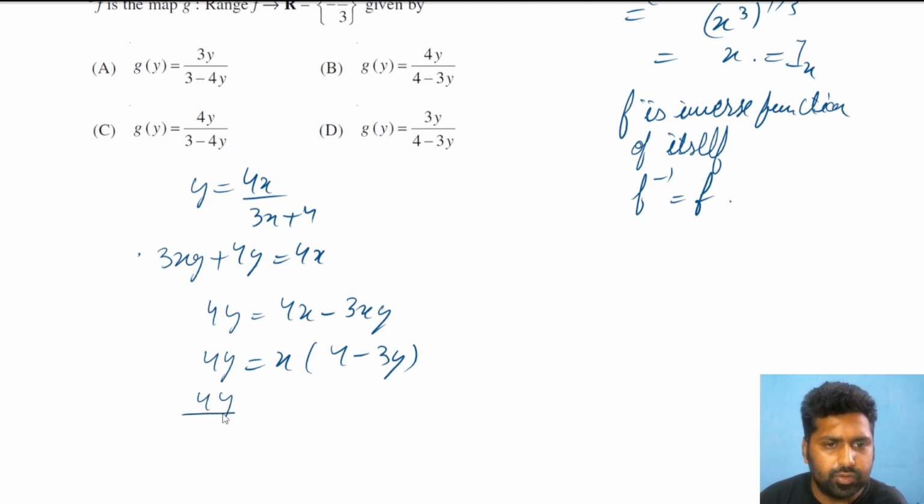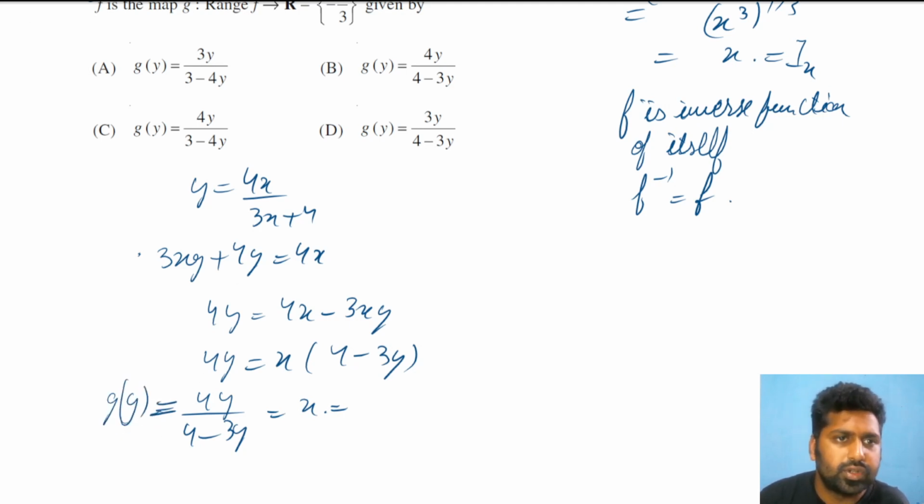So it becomes 4y upon 4 minus 3y is equal to x. I told you this is a function of y, so it can be called g of y. So which option? 4y upon 4 minus 3y. This one is the correct one.